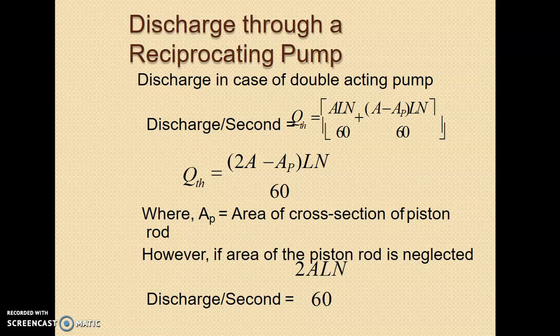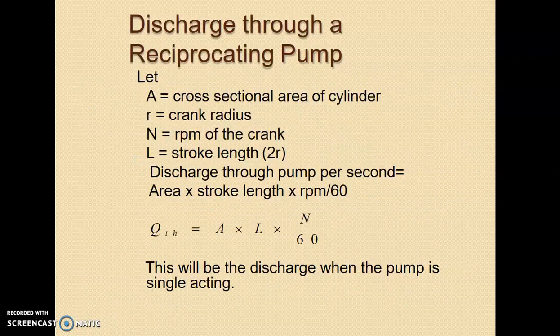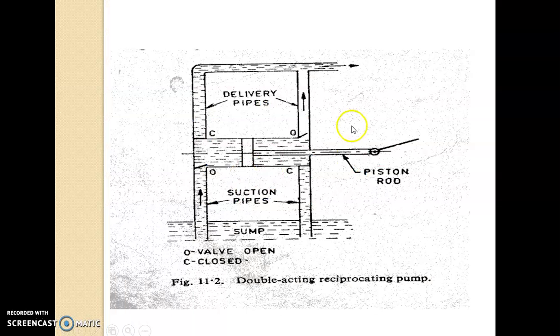Now if you want to find out the discharge in case of a double acting reciprocating pump, that is given by this expression. How does this expression come? That can be made clear through this figure. We can see over here in a double acting reciprocating pump, discharge is through this and through this.